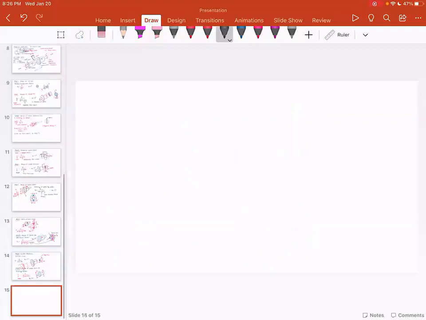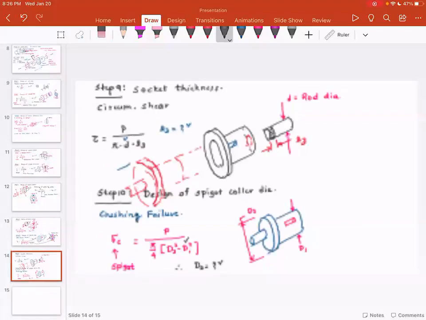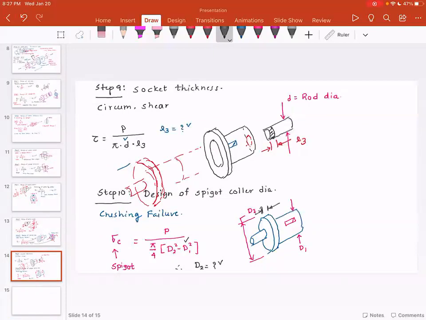Now, the last couple of steps are we have to find out the spigot collar thickness. So we found the spigot collar diameter. Now we need to find out this spigot collar thickness. This dimension I'm going to call as L5.